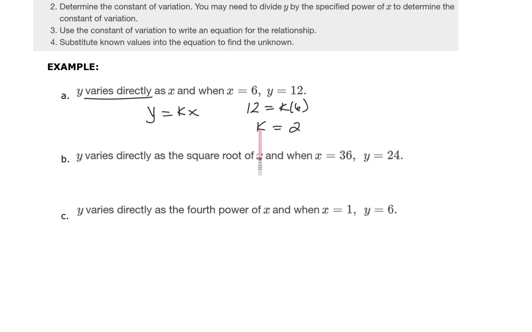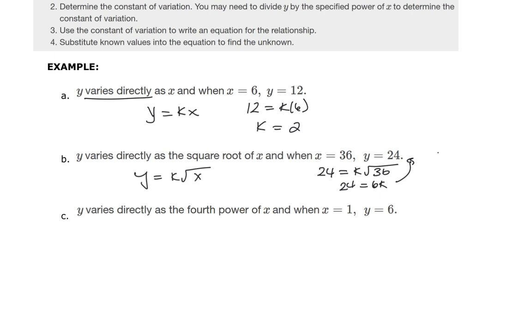Once I have that, then if I have another set of information, either x or y, I can solve for the missing variable. Y varies directly as the square root of x. So again, I'm going to have y varies directly as the square root of x. So I'm going to have 24 is equal to k multiplied by the square root of 36. Square root of 36 is 6, so I'm going to have 24 is equal to 6 multiplied by k.